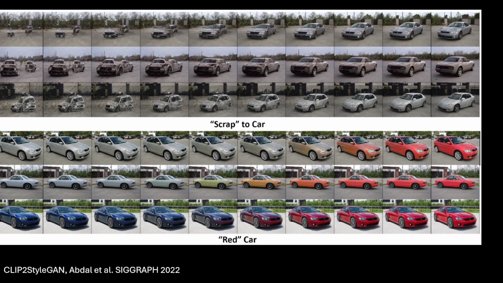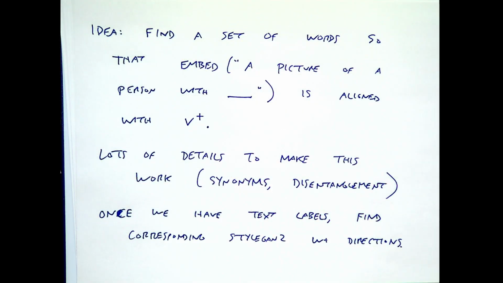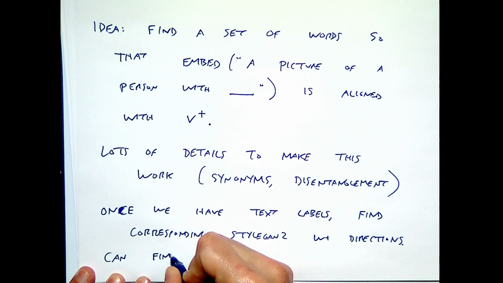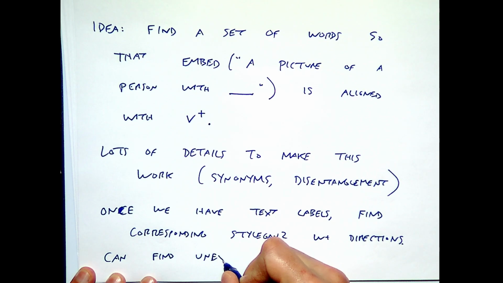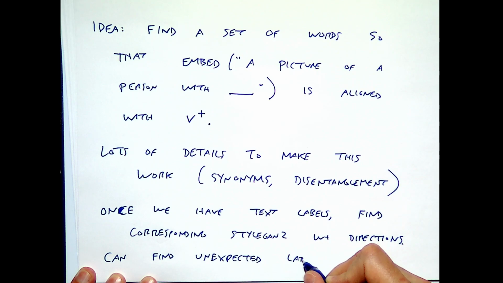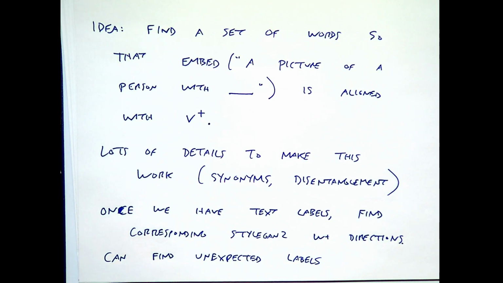And so let me just say on the piece of paper that the cool thing was that it can find unexpected labels. So in a way, it's like exploring your data set automatically, right?